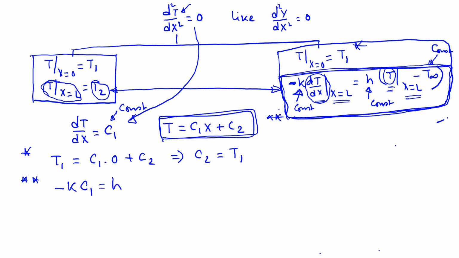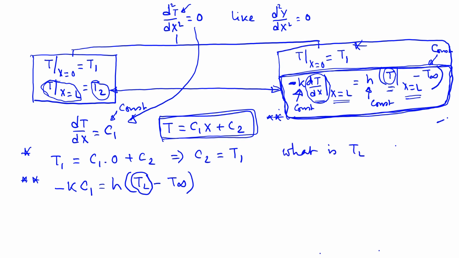Every so often somebody will write h times T at x equal to L as T_L minus T infinity. Now this would get us in big trouble, because what is T_L?